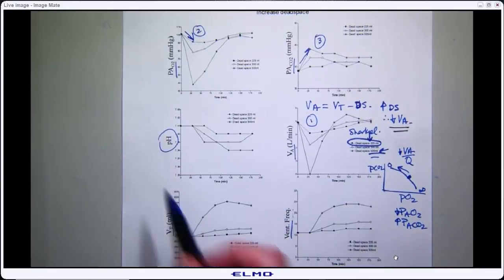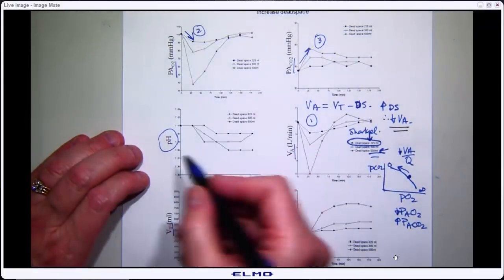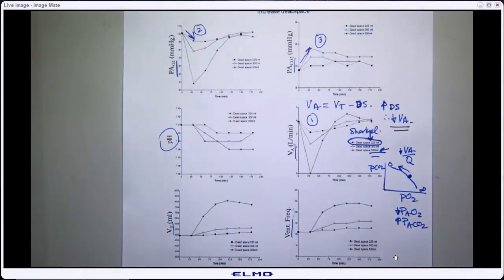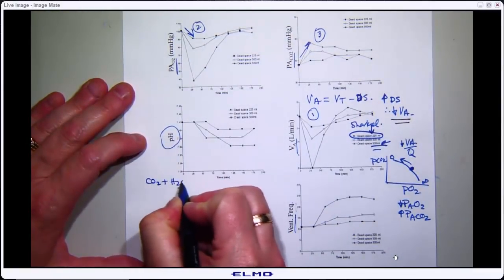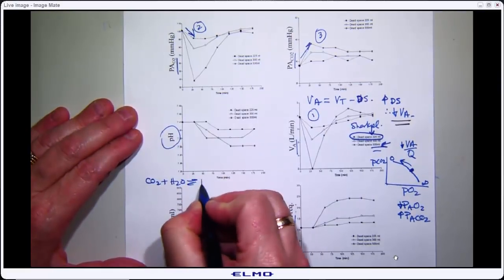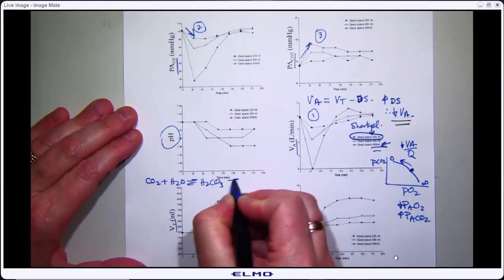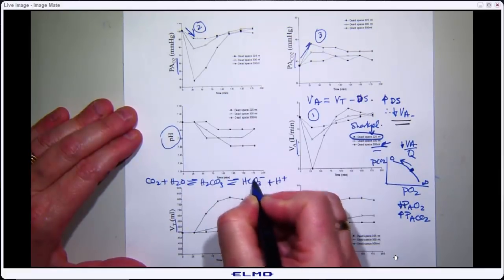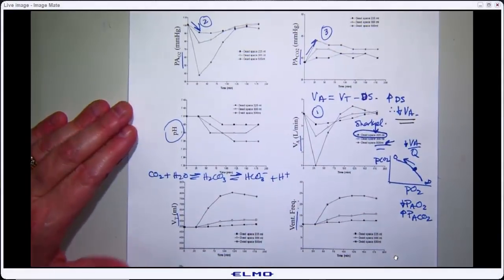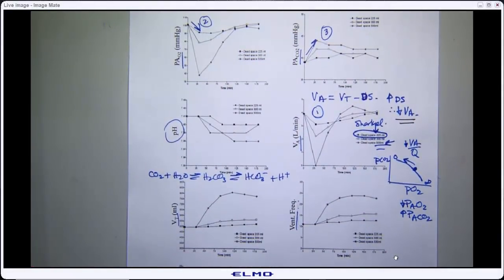I also have an indicator of, as we talked about on Friday, hydrogen ion here, because we know now, based on how we carry oxygen and CO2 in the blood, that CO2 and hydrogen ion are intimately related. So if we had CO2, and that's through carbonic acid, based on this relationship that we know is happening in the blood, it's happening in the red blood cell, but it's also happening in the plasma.